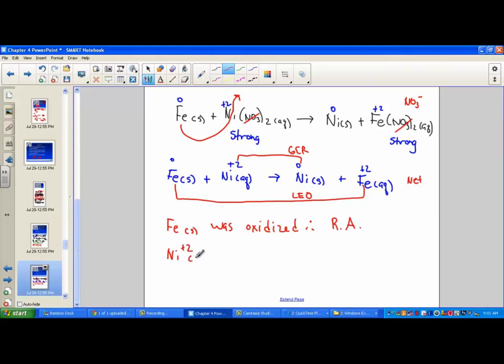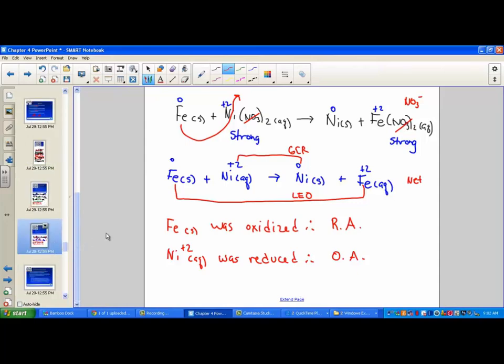The aqueous ion of nickel was reduced, and therefore it is labeled as the oxidizing agent. We saw the change of charge in our single replacement reaction, making it fall under this new category that we're learning called the redox reactions.